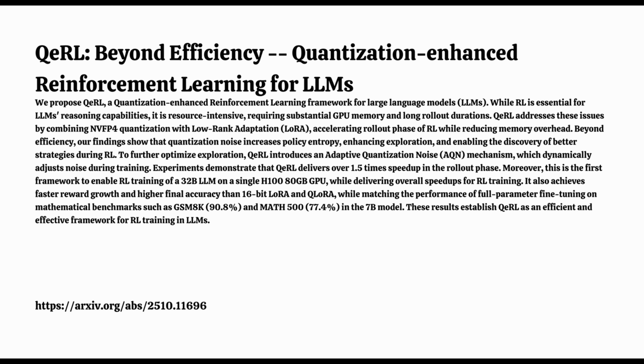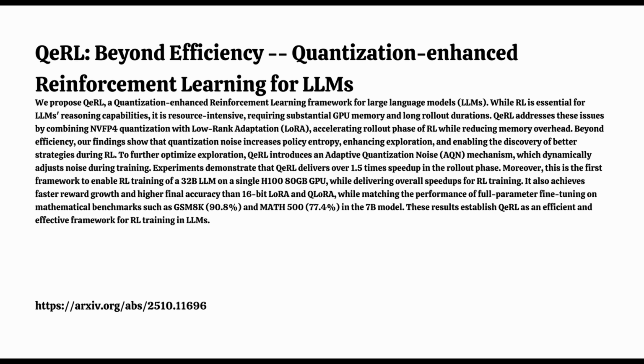But the million-dollar question, did they sacrifice performance? Did the models actually learn as well? That's the other key part. Not only did they not sacrifice performance, they actually saw faster reward growth during training and achieved higher final accuracy compared to both standard 16-bit LoRA and the slower QLoRA. Higher accuracy, too. Yes. They give specific numbers, like the 7 billion parameter QeRL model hitting 90.8% on the GSM-8K math benchmark and 77.4% on MATH 500.